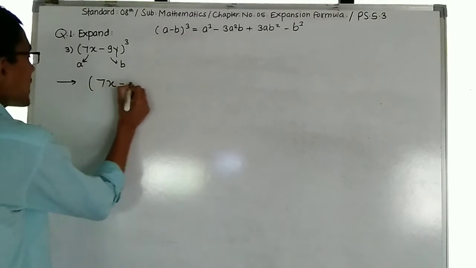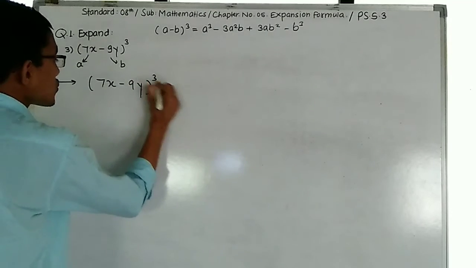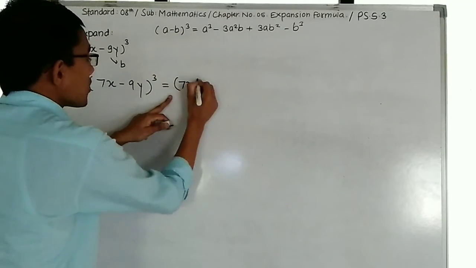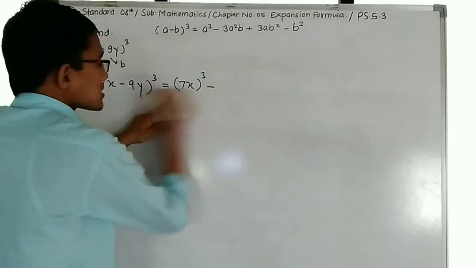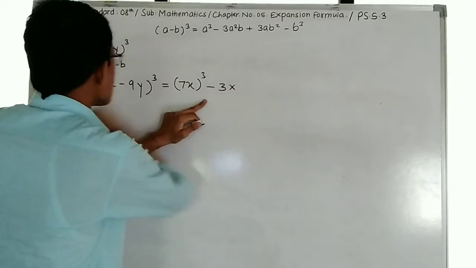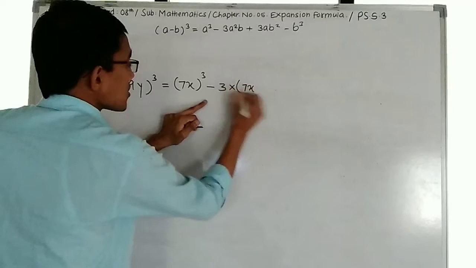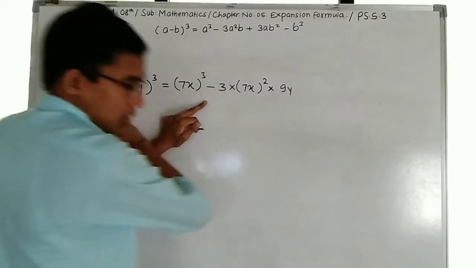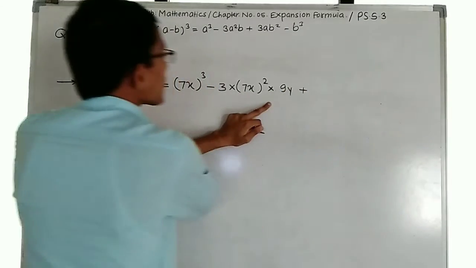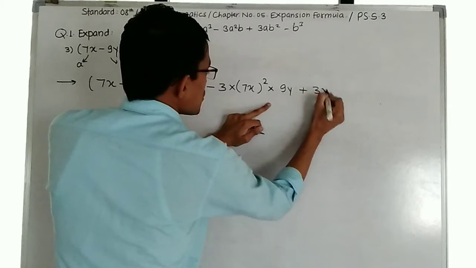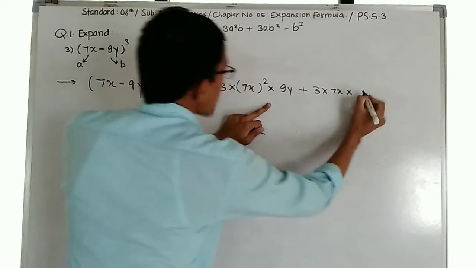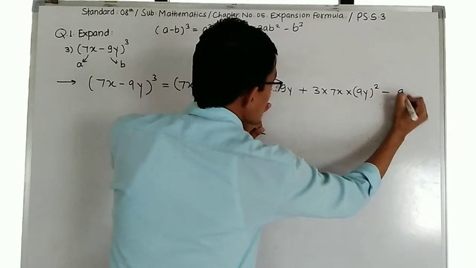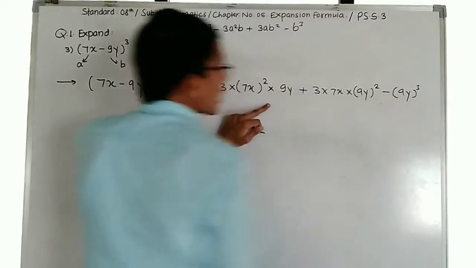So I can write (7x minus 9y) raised to 3 equal to, what is a? 7x. So (7x) raised to 3 minus 3 into, what is a again? 7x. So (7x) square into b, which is 9y, plus 3a, so 3 into 7x into b, which is (9y) square, minus, what is b? 9y, so (9y) cube.